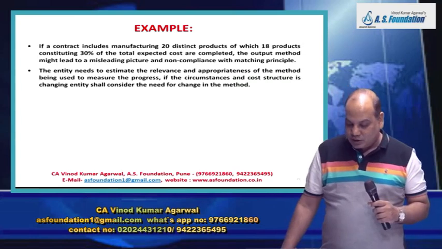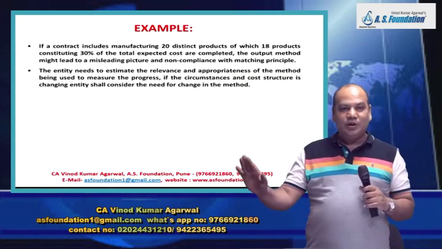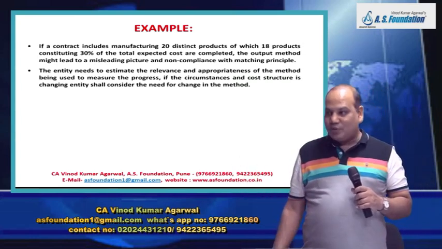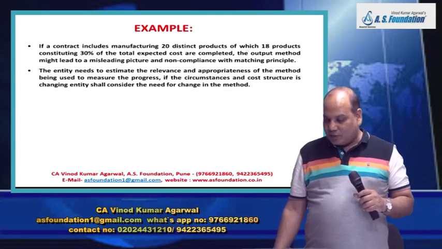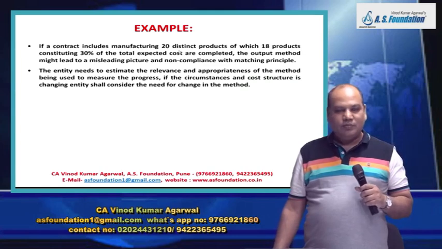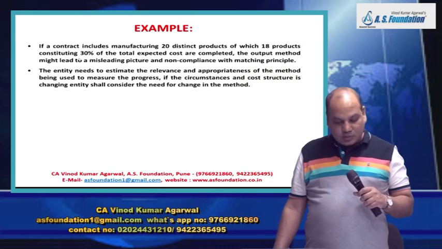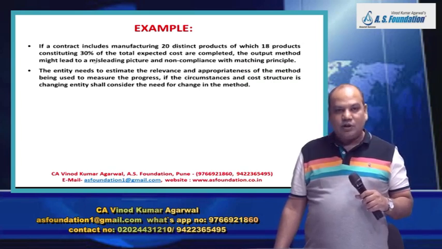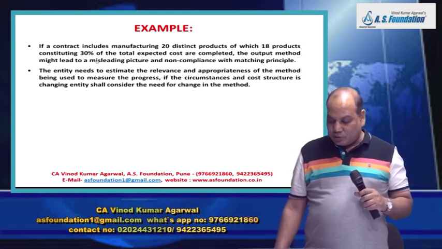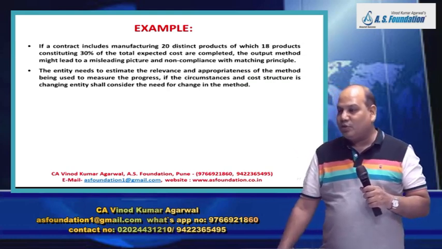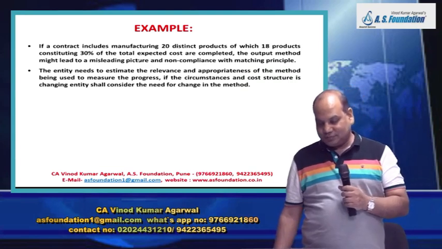See one example. There is a company which has a contract to manufacture 20 products. 18 are produced. If I apply this logic, 18 are produced out of 20, you will say 90% work has been done. But the question says the 18 products which are completed will only constitute 30% of the total expected cost.